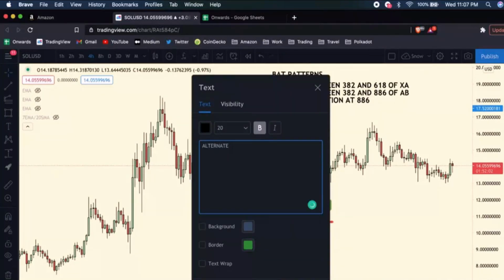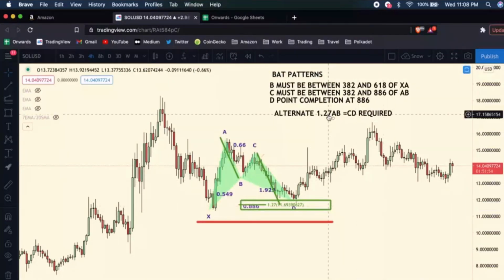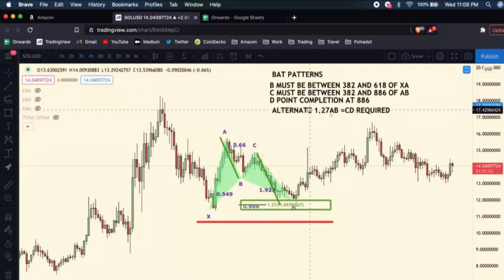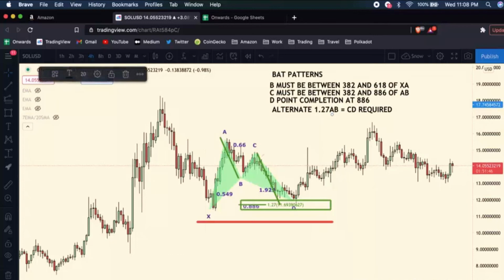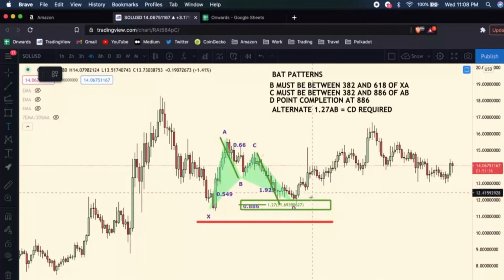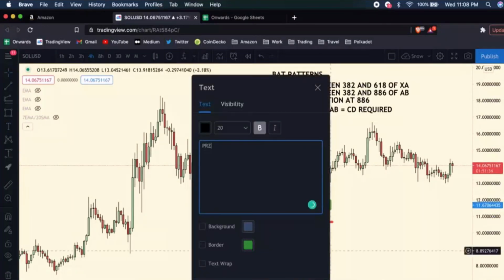Alternate 127 AB equals CD required. All right. So that is your minimum requirement there. It can be a 141 alternate as well. That depends. If, let's say you have a deeper retracement on C, you can get that 141 and it lines up in your PRZ right here, your potential reversal zone, with your 886.